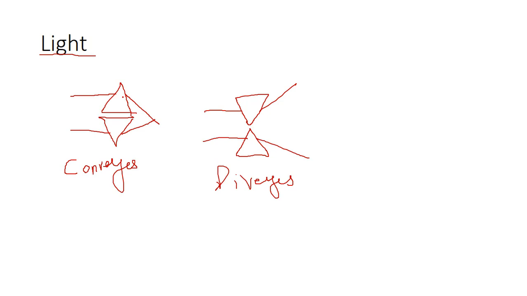Next is image formation. As we see here that a convex lens converges the light rays, so a real image is formed and also inverted. So convex lens makes a real image, makes an inverted image.